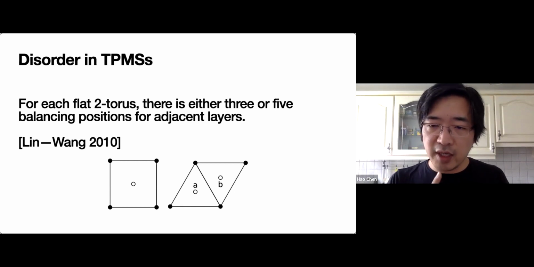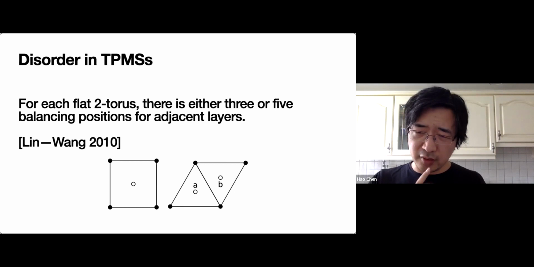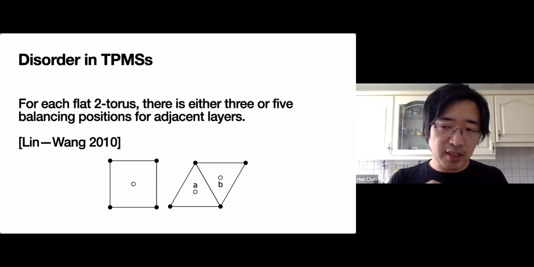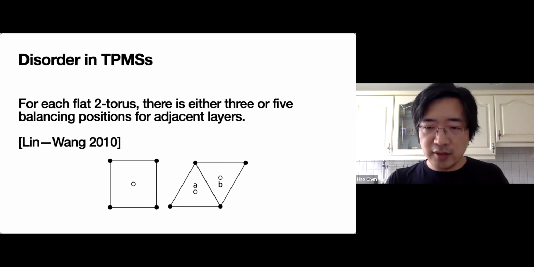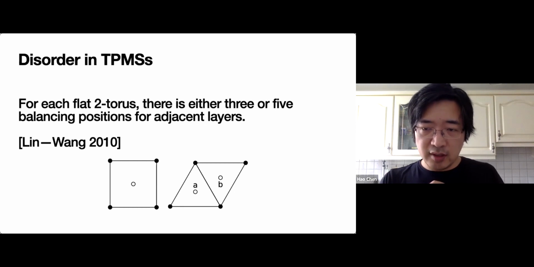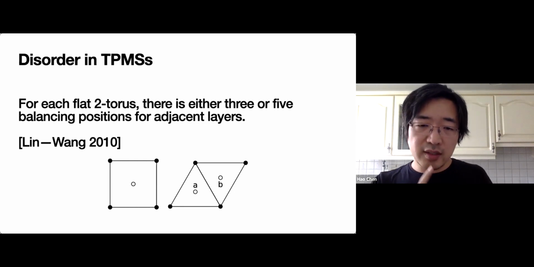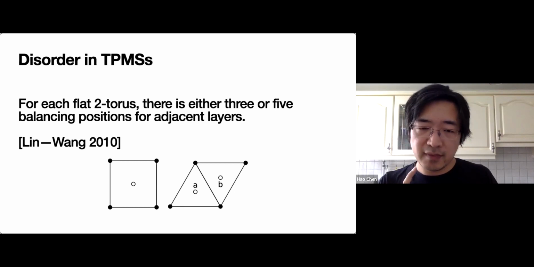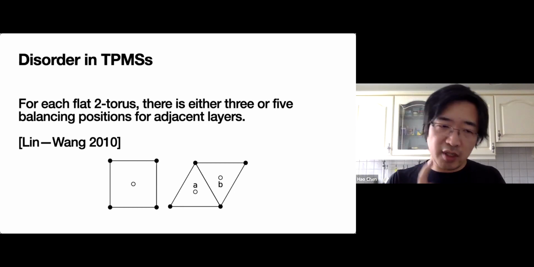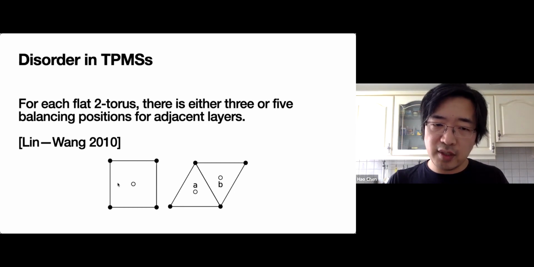And in fact, a very deep result in 2010 claims that for any flat torus, the number of critical points is either 3 or 5. And that's a very fantastic result. To give you an example of 3 critical points, that's the square lattice.